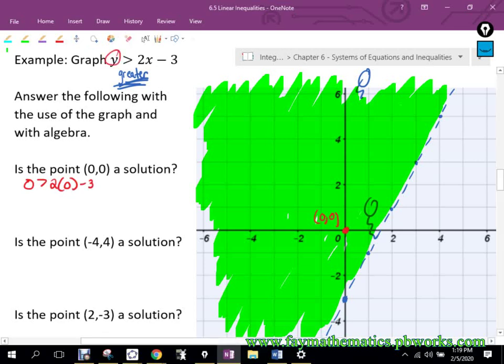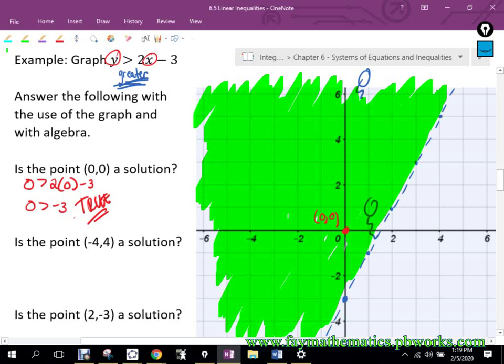Does that say 0 is greater than negative 3? Would you guys agree that 0 is bigger than negative 3? Yeah. So that's true. So that's why we shaded where 0, 0 was. It needs to be part of my solutions.